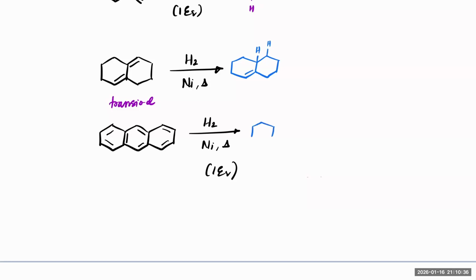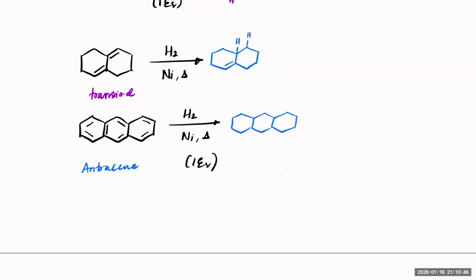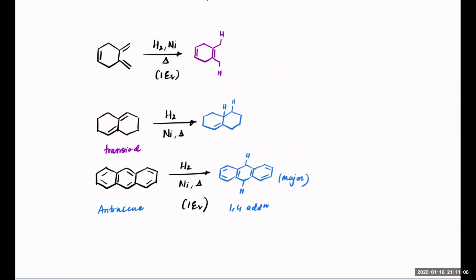Now here in the last case, the reactant which we took is anthracene, and if you get a hydrogen to be added here, double bond is here. Here is where you will add hydrogen, hydrogen, and this is how the double bond will be. So you can see 1,4 addition has happened here. 1,4 addition, and this is the major product. Correct?